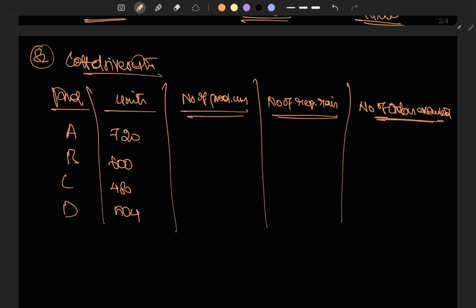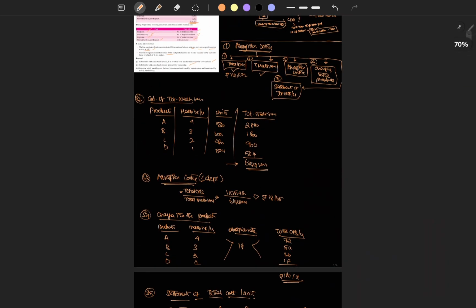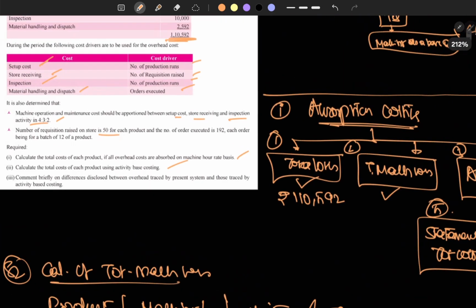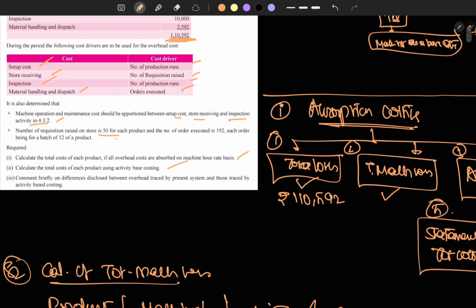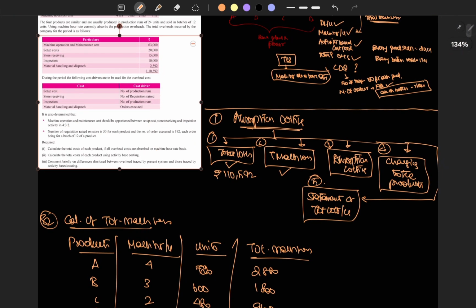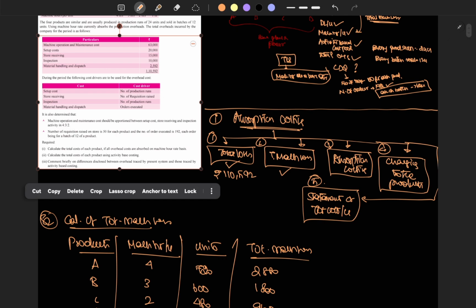Okay, what they have given is 50 for each product, so we can easily put the 50. Let's copy and paste that.